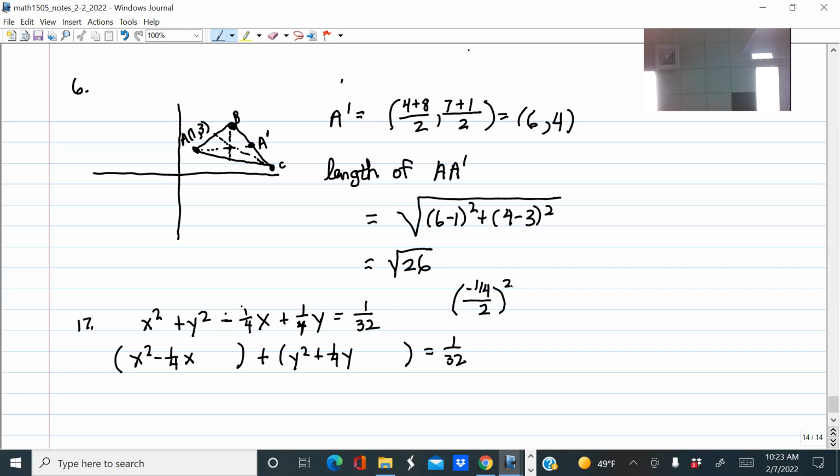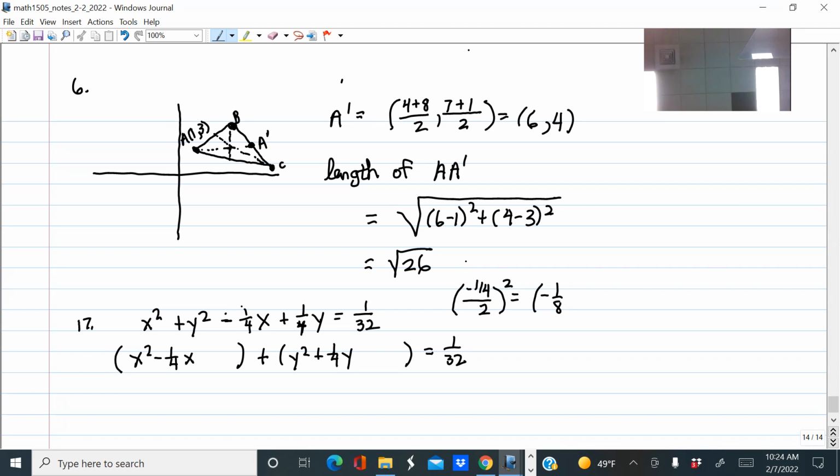So let's see now, what is minus 1/4 divided by 2? 1/8. Yeah, you're right. Okay. So that just gives you minus 1/8, right? Dividing by 2 is the same as multiplying by 1/2.